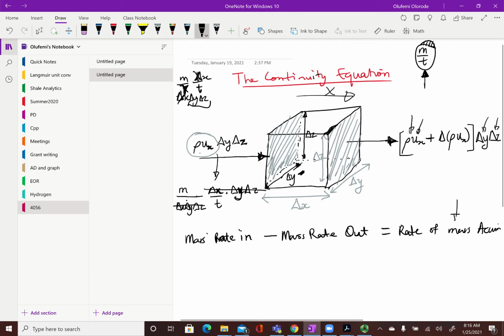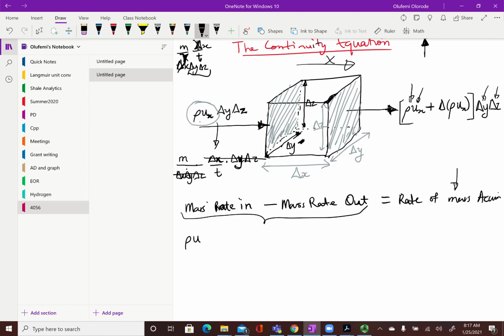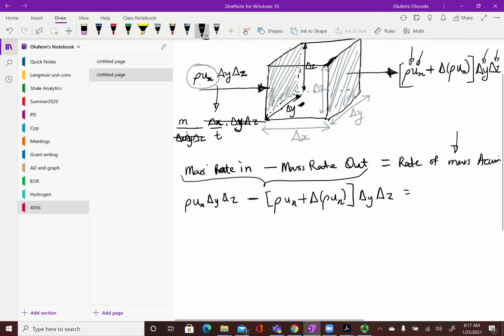But before talking about these, we can express this term using whatever we just derived, right? So it's rho ux delta y delta z minus all of that. We'll worry about this later, like I said.